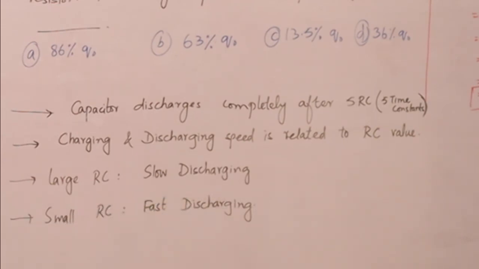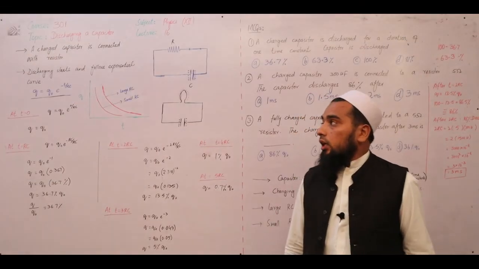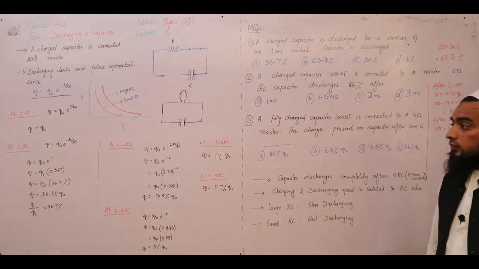We have discussed in charging that when the value of R or C or both is high, then the charging and discharging process will be slow. And when the value of R and C or both is small, then the charging and discharging process will be fast. Let's have a recap of the topic.